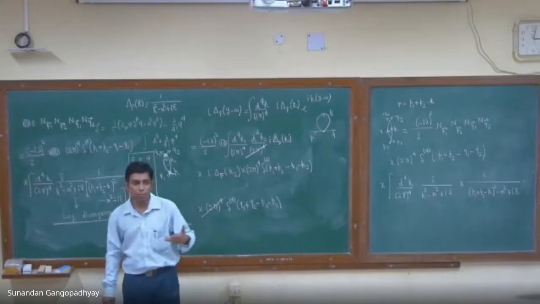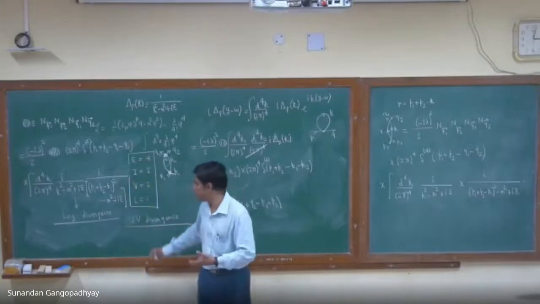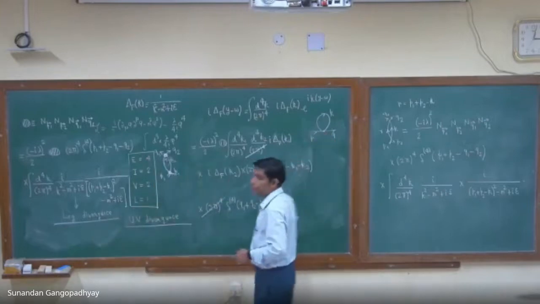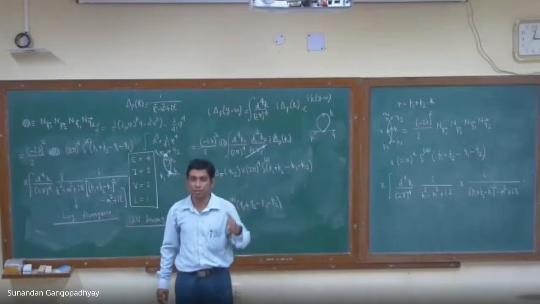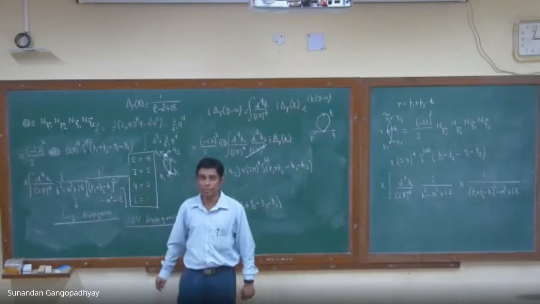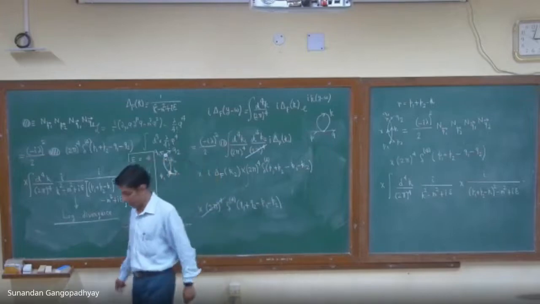Large momentum means small wavelength. So it is a UV divergence, ultraviolet divergence. So this was quadratically divergent in the UV limit. But this diagram is not quadratically divergent, but it is also divergent, in a logarithmic way. So this is called a log divergent diagram.